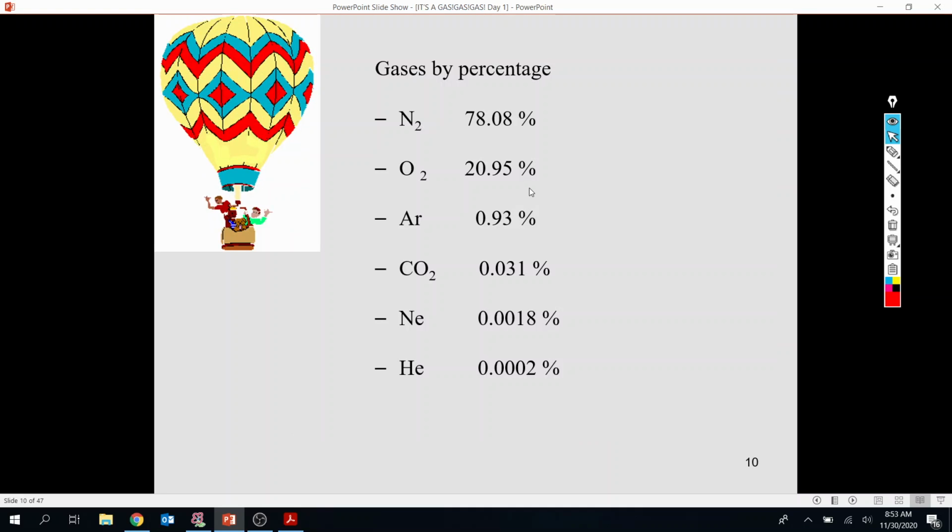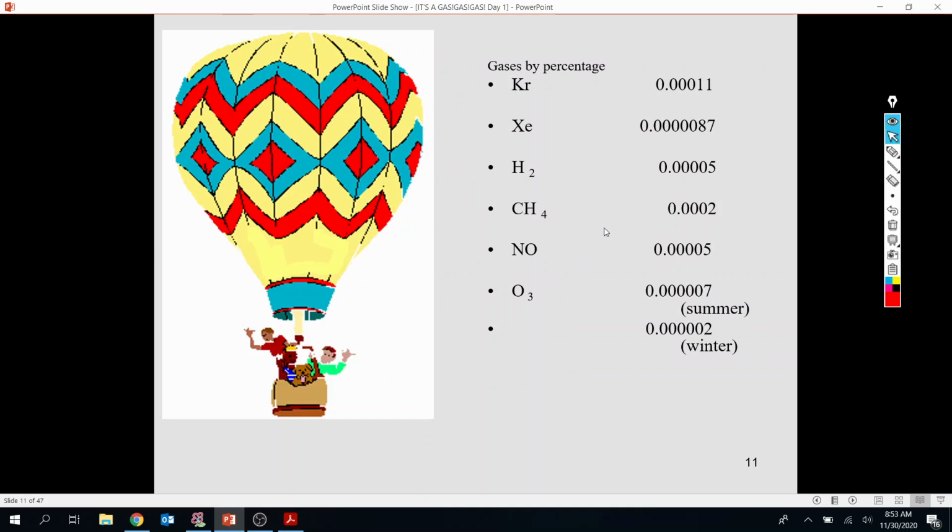If you're curious about exactly what that is: 78% nitrogen, almost 21% oxygen, almost 1% argon, only 0.03% carbon dioxide, and then it goes down from there, neon and helium. There is actually a little bit of ozone. Wow, you look at that. The ozone's incredibly small, and that's good. Ozone, while we need it to protect us, is not actually good for us. So it's good that there is not very much ozone in our atmosphere, and it varies from season to season.